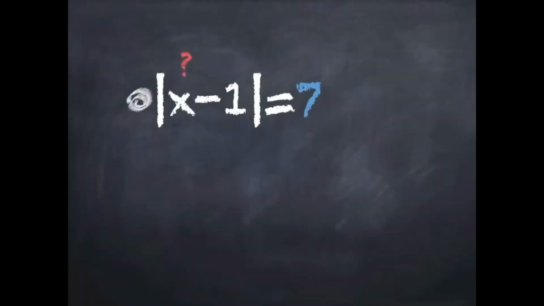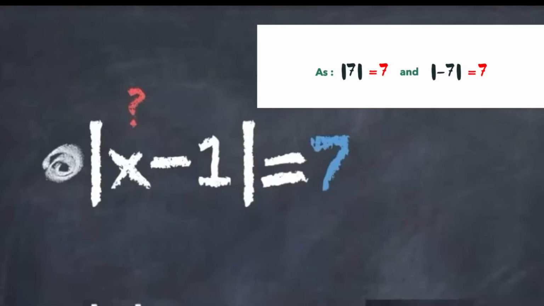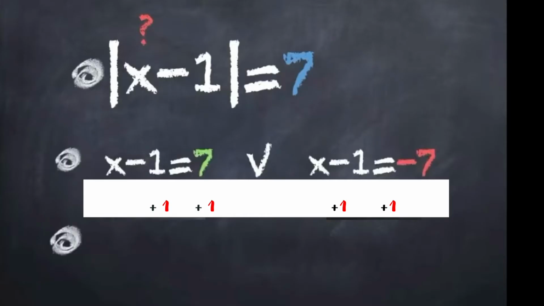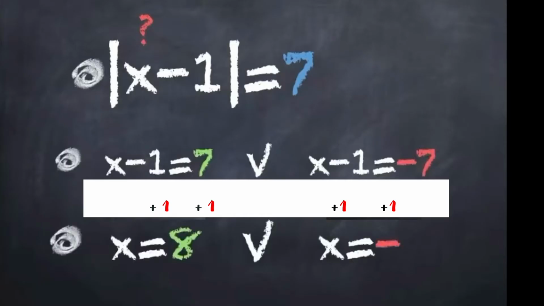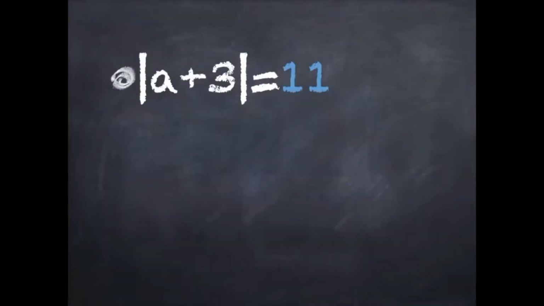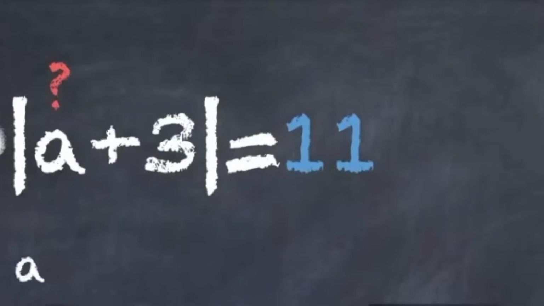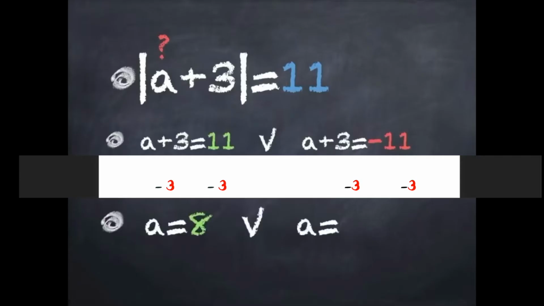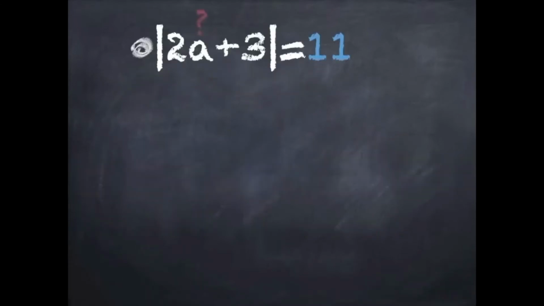Here's the first example. x minus 1 should be 7 or negative 7. Okay, so we just add 1 to each side to get the value of x. So we get 8 or negative 6. Another example, a plus 3 should be 11 or negative 11. Now subtract 3 from each side to get your solution. Okay, here's another example.